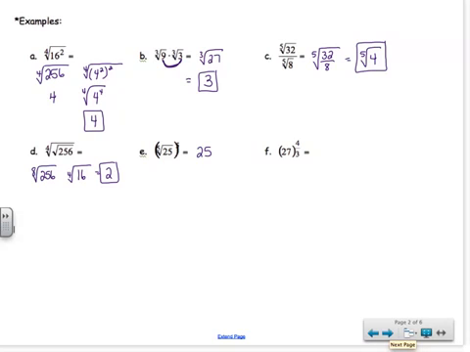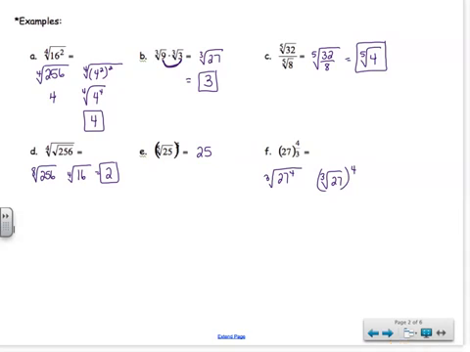And if we look at letter F, you really have two options here. You can either take 27 to the fourth and then take the third root of it, or you can take the third root of 27 and raise it to the fourth. Now, I'm going to go with the second option because in the first option, I don't know what 27 to the fourth is off the top of my head, nor could I then take the third root of that.